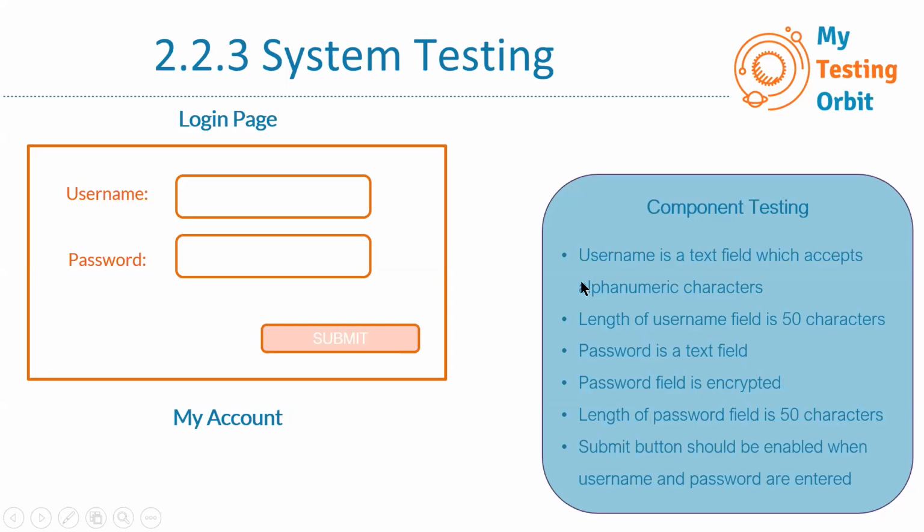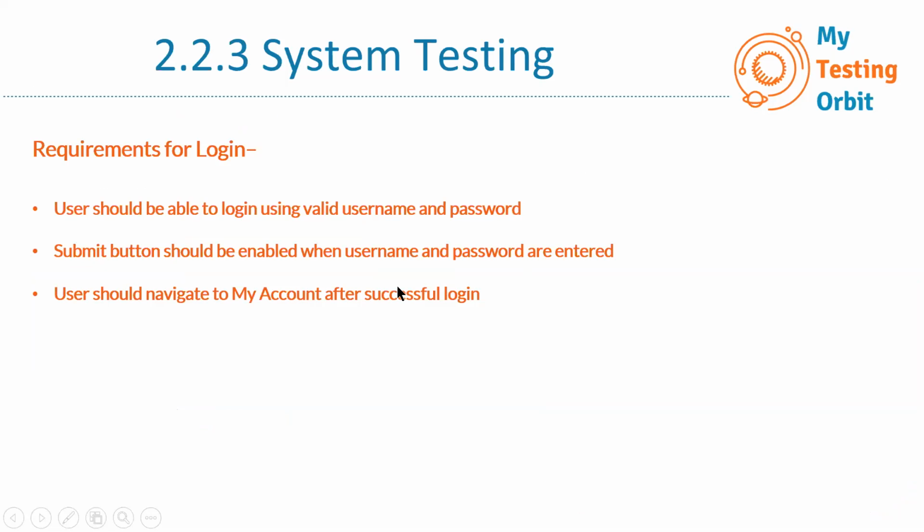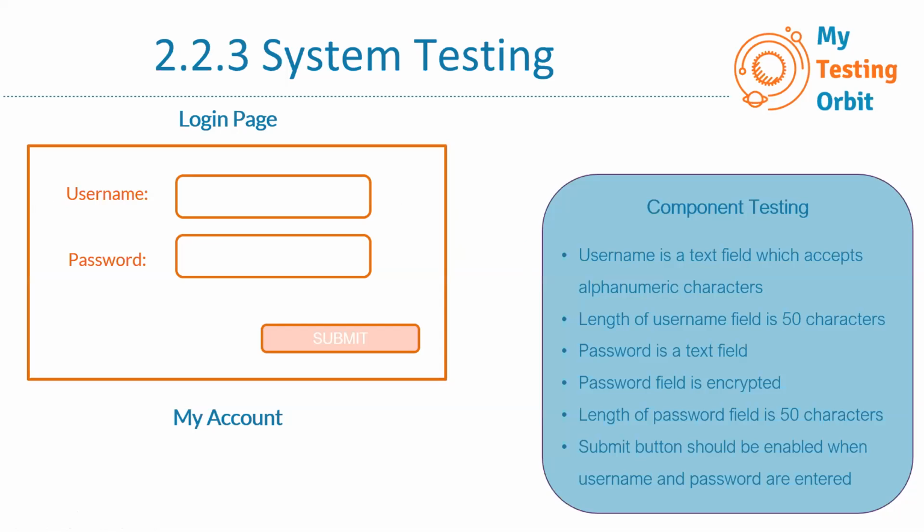Now, if you see the requirements, how many characters should be there is not defined, because most of the time the requirements don't go into that much detail, especially with agile methodology, where high level requirements are given and there's a dependency that the team is working closely together, talking to each other, asking questions, and then based on that, the project is built and tested.